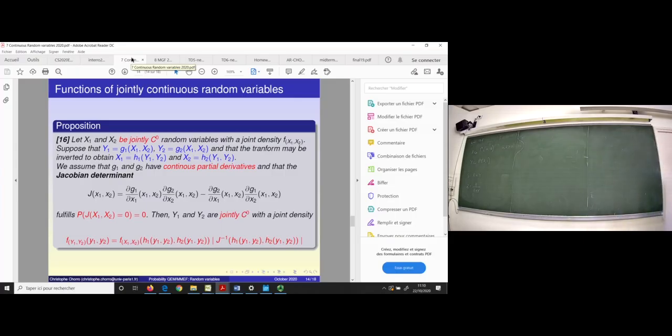And typically, the use of this proposition 16 will be the main tool that you will have to use for the homework. The homework is based on the use of this one. You have seen that you have the homework on the website?